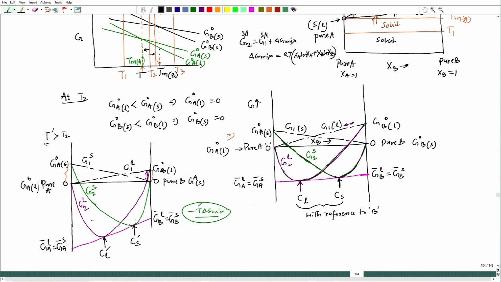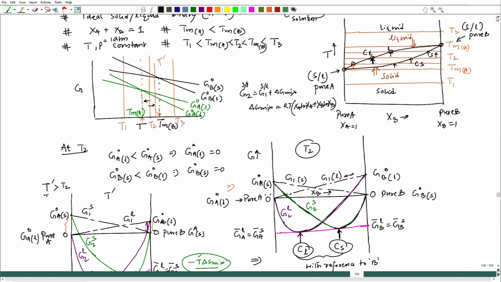Now, if we compare with this curve which is at T2, and this is at T prime, since T prime is greater than T2, this particular composition has shifted compared to this composition, and this one also has shifted compared to this composition, and every shift is basically towards the right. Now, if I reflect these two equilibrium points on the T versus composition plot, these are the 2 points.